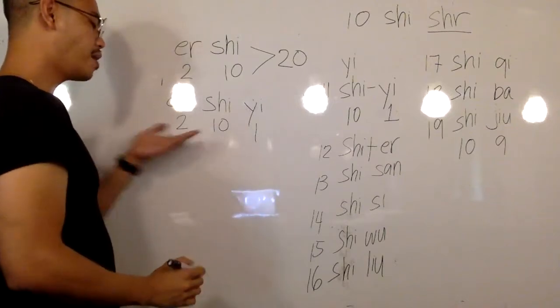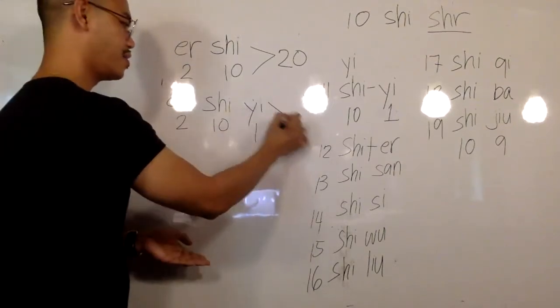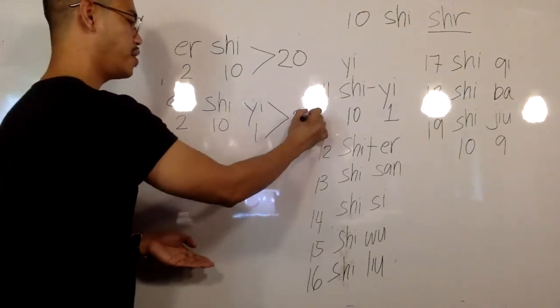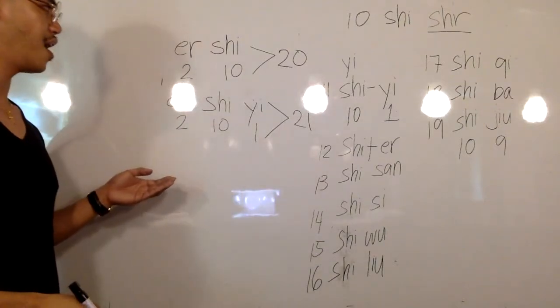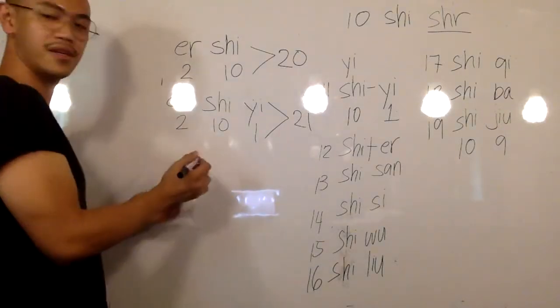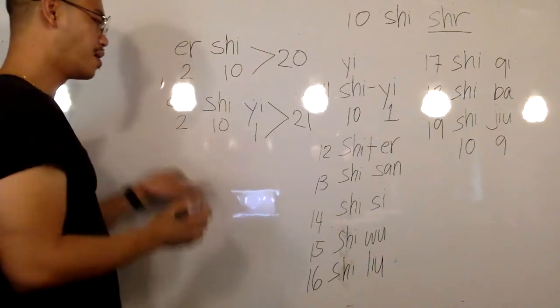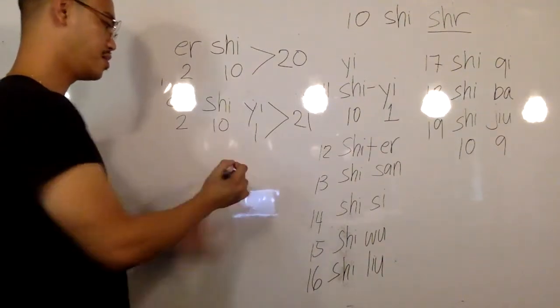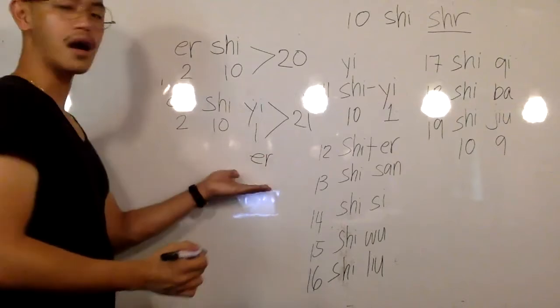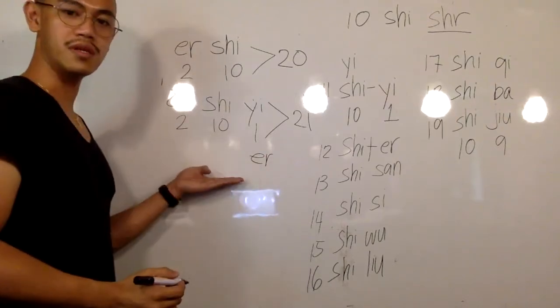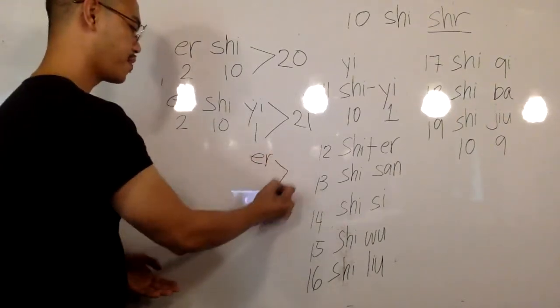So er shi yi is 21. How about 22? Correct. Er shi er. That's 22.